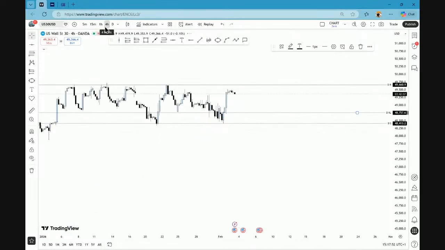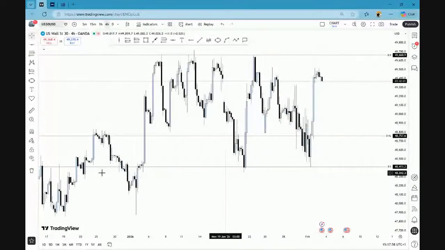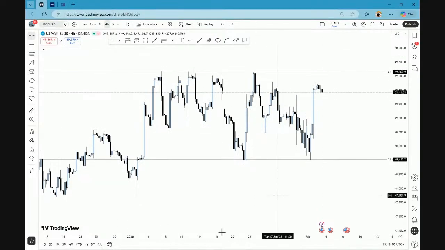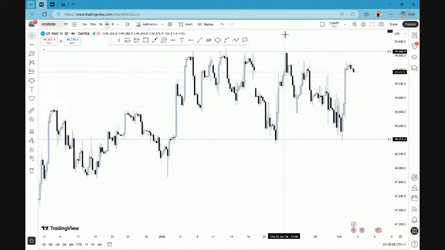But I can also take it up there. So now this is the 4 hour time frame, and what are we seeing here? Price is moving sideways, all right? So I'm going to have to take this one away, just like this. Yeah. So now we'll have a daily support and we'll have a daily resistance.